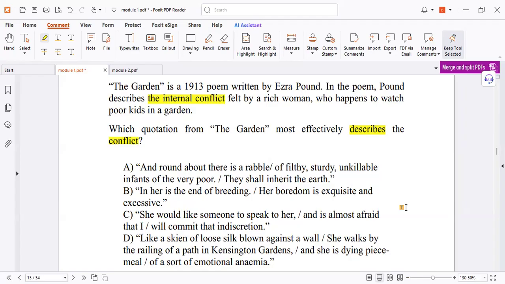C? Letter C is the best answer. Now, what is the conflict? The conflict, as I told you, is that we have two opposite feelings. She likes to talk to someone, and at the same time, she's afraid to talk. So this is the conflict.